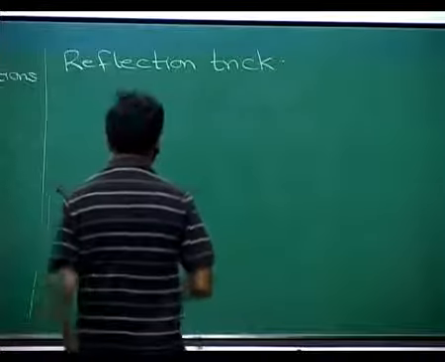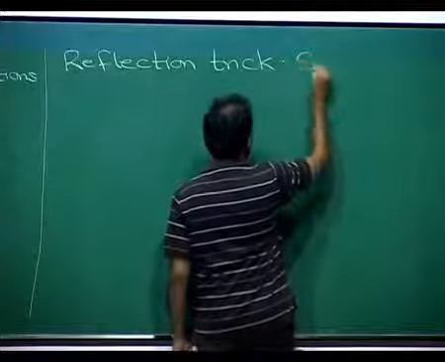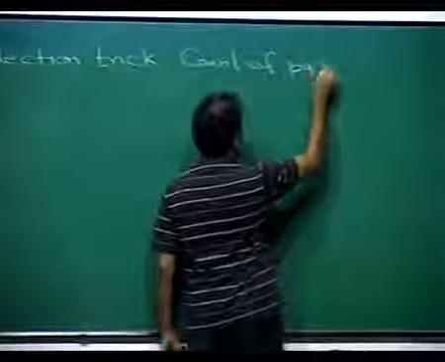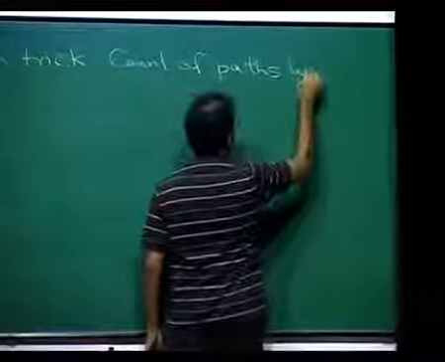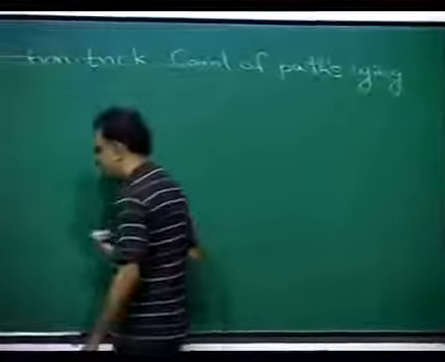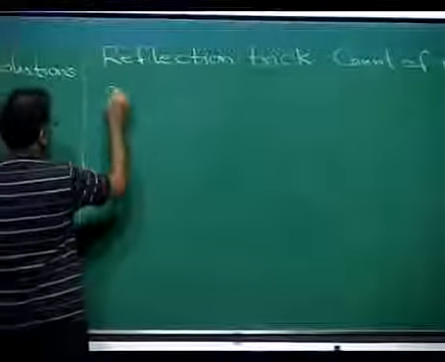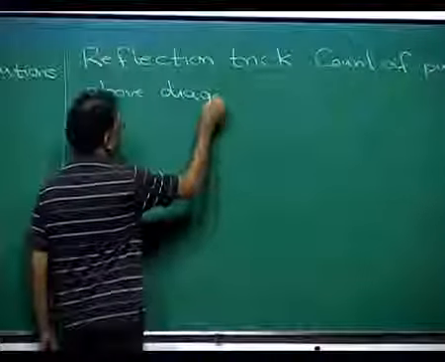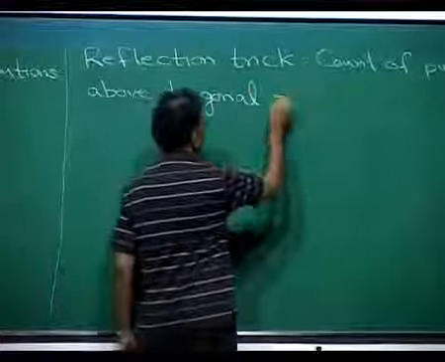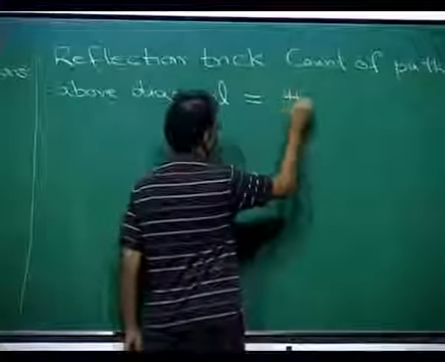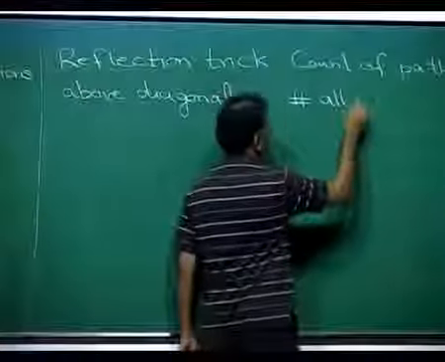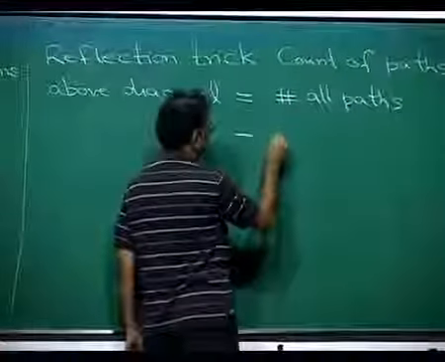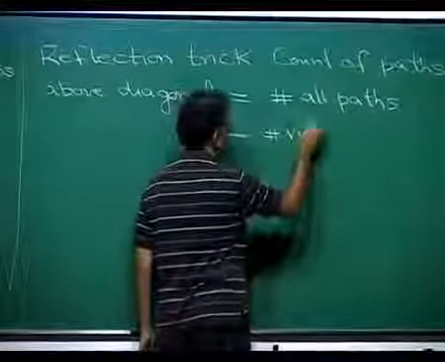So the reflection trick says the count of paths lying on or above the diagonal equals the number of all paths minus the number of violating paths.